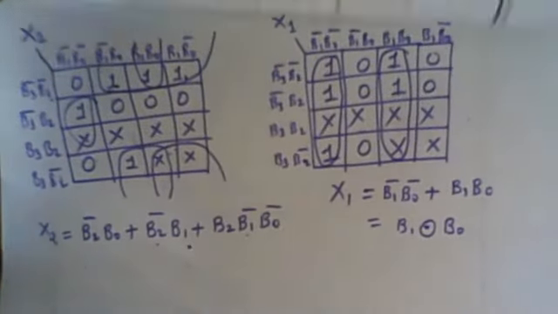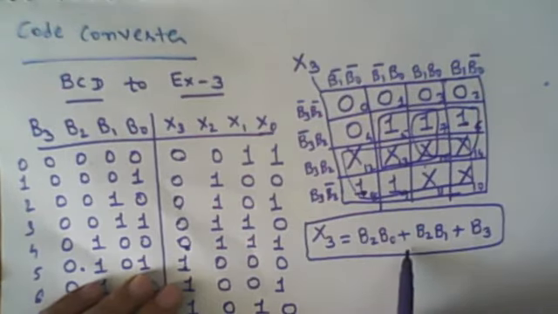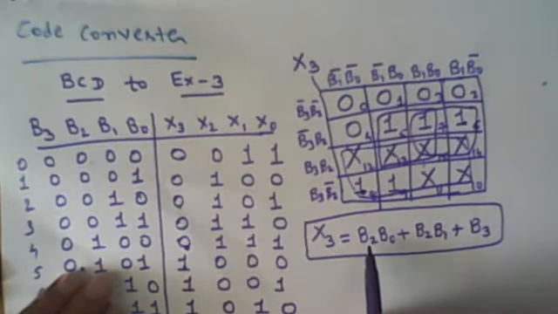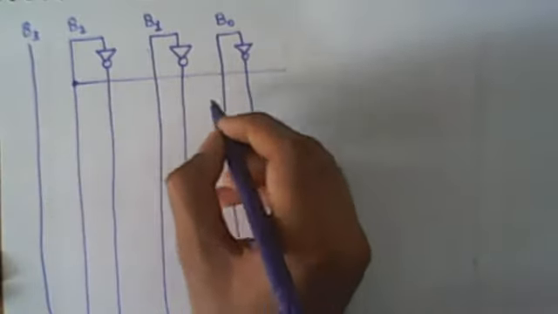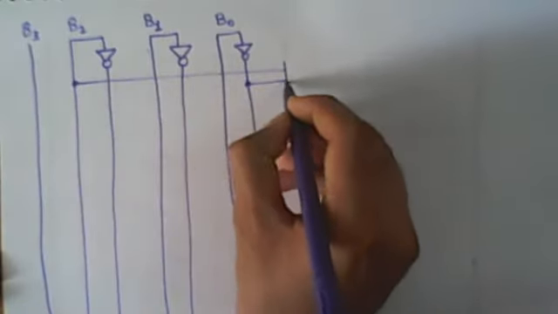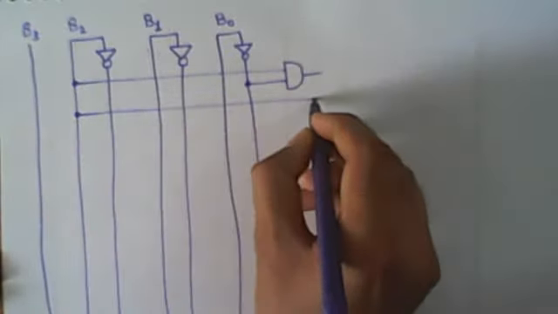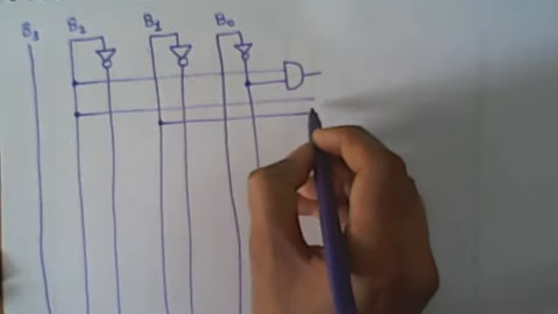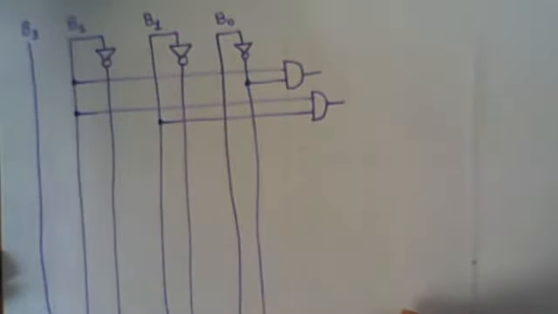Let me check the Boolean equation of X3. It is ANDing of B2 B0, B2 B1, and ORing with B3. So first B2 B0, then B2 B1. Here B2 and B0 are ANDed, and B2 and B1, and then B3.